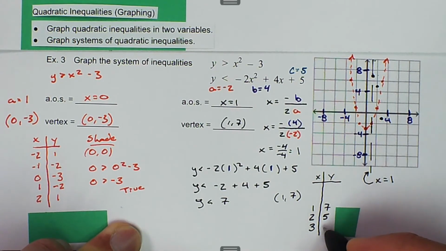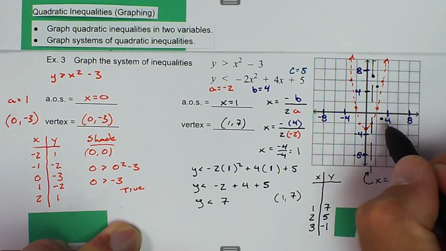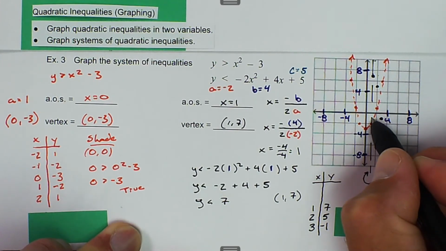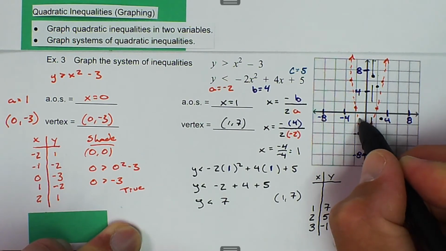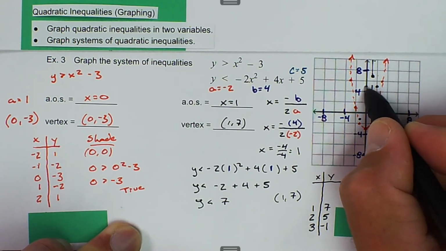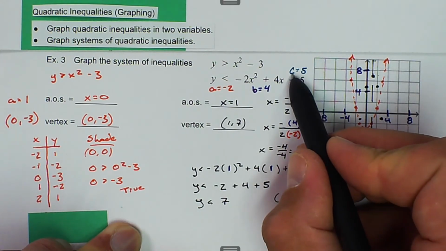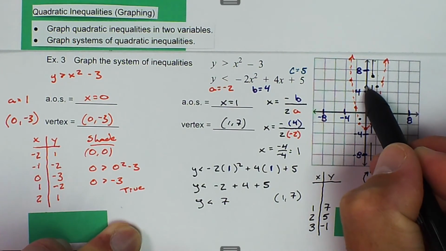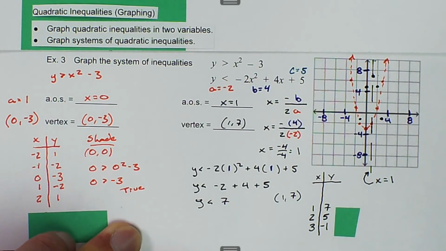So that puts us at 3, negative 1. And then we can reflect these over. And it just so happens that our c value is 5, and that also goes through the y-axis at 0, 5.